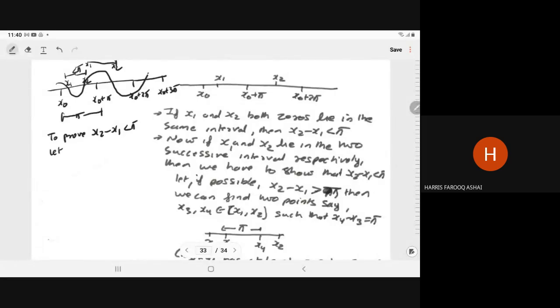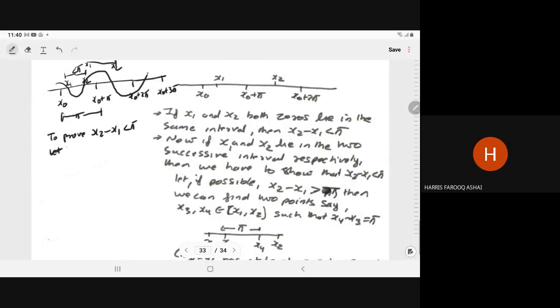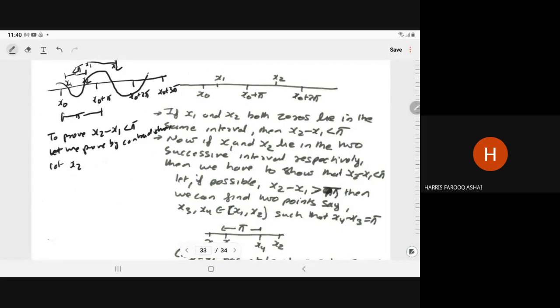We prove it by contradiction. For the contradiction, we assume x2 minus x1 is greater than pi.